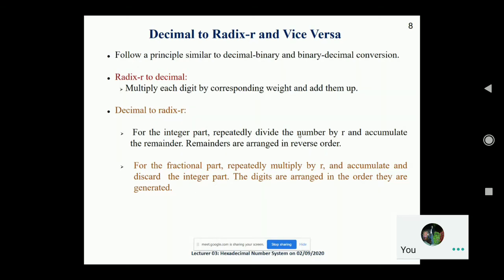So multiply means what? Suppose how we can use this one? Suppose I am using 267. Okay, 267. Just a minute. Just a minute.